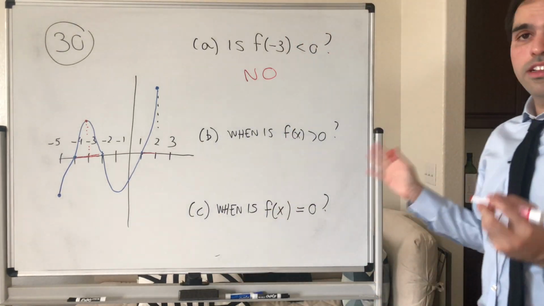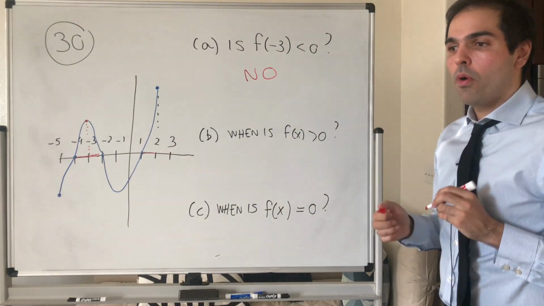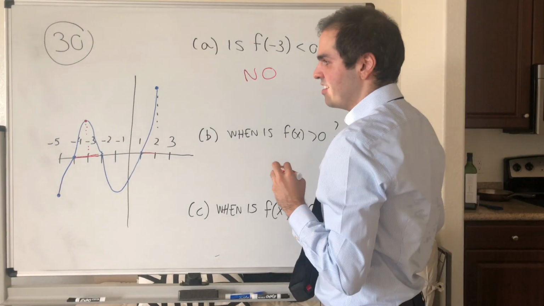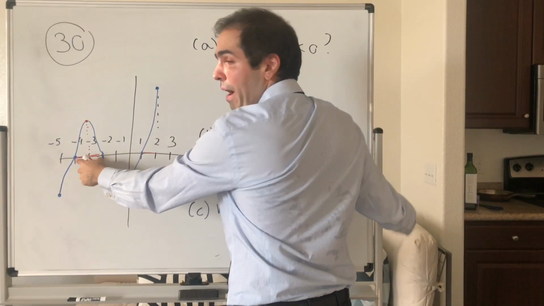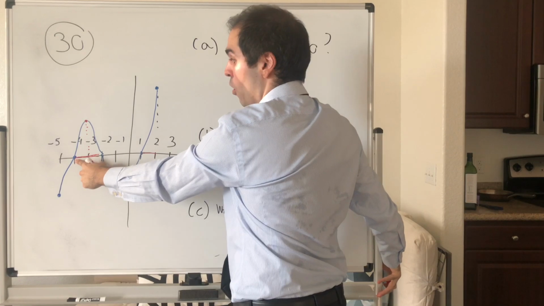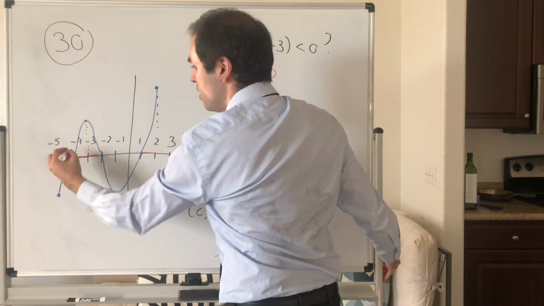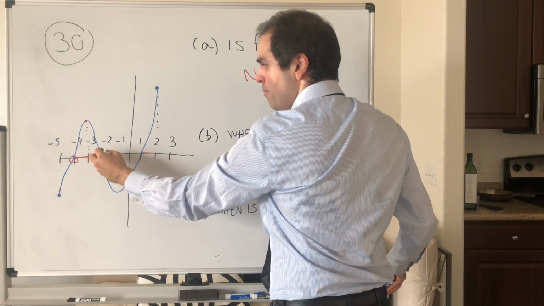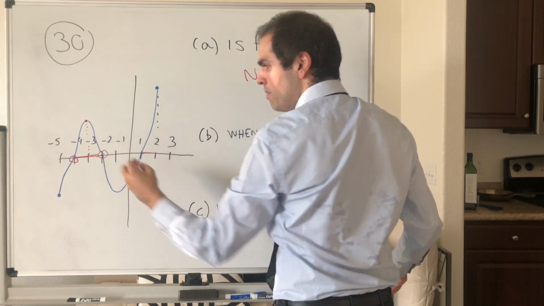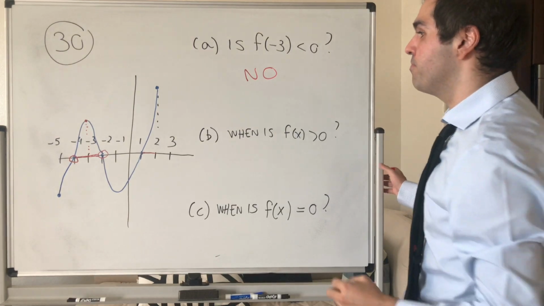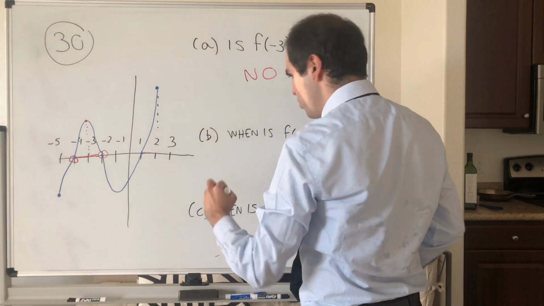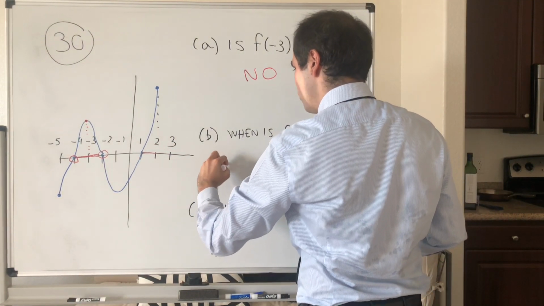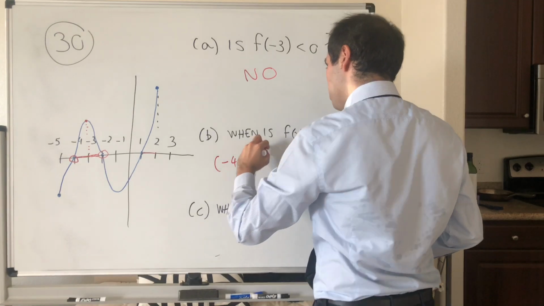And just a little technicality, which points do we include, which ones do we exclude? At minus 4, f is 0, which is not positive. So you exclude minus 4. All right, minus 2, f is 0. So you exclude this.